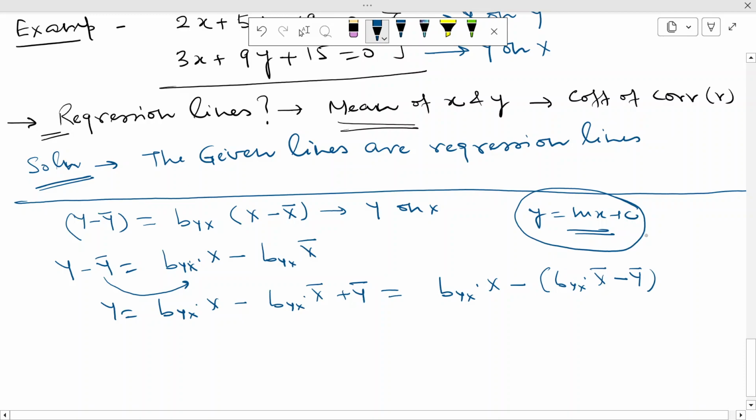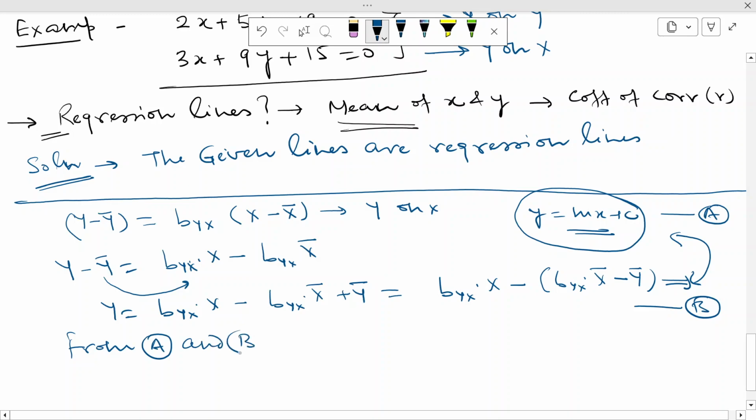Now if you compare this equation, mark this as equation A and this as equation B. From A and B, comparing, you can see that here the coefficient of x is the slope of this line, and here the coefficient of x is the regression coefficient for y on x. So we get m is equal to byx.